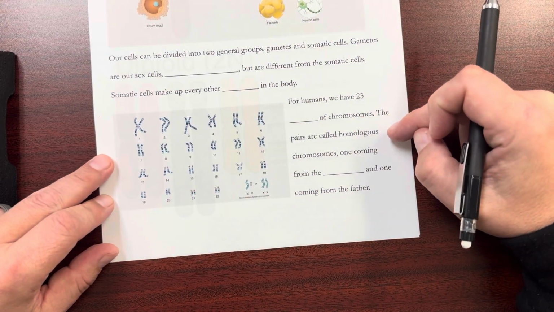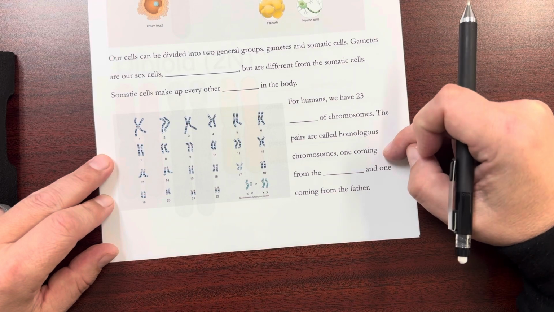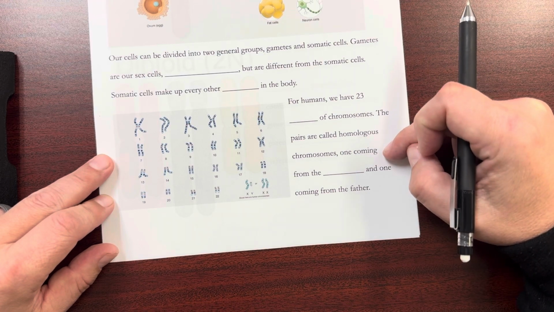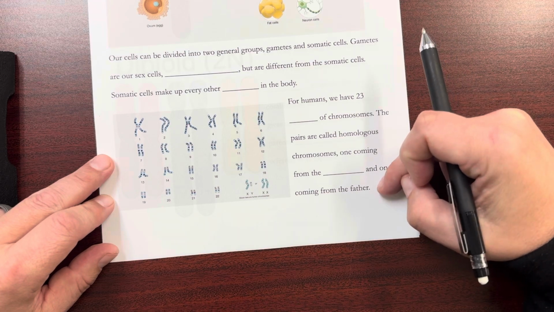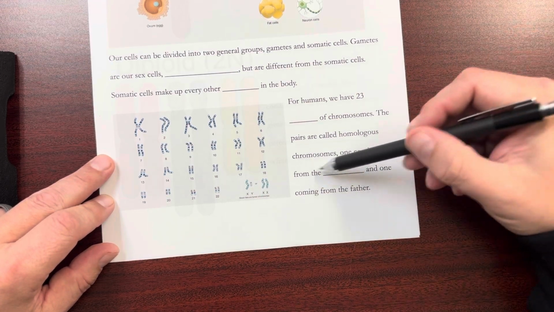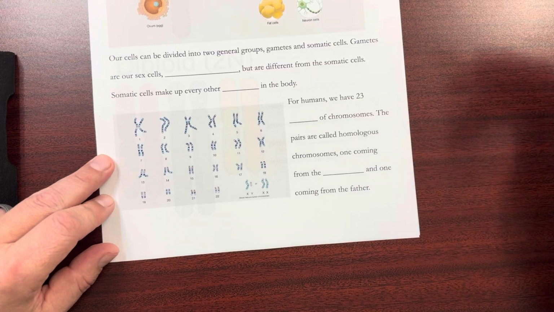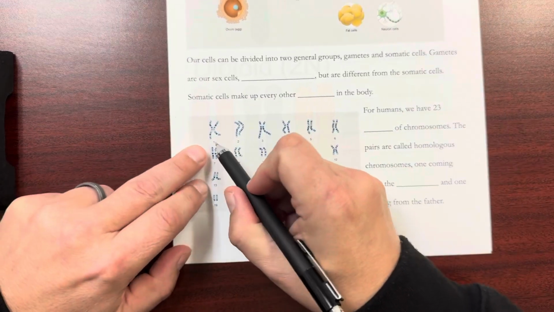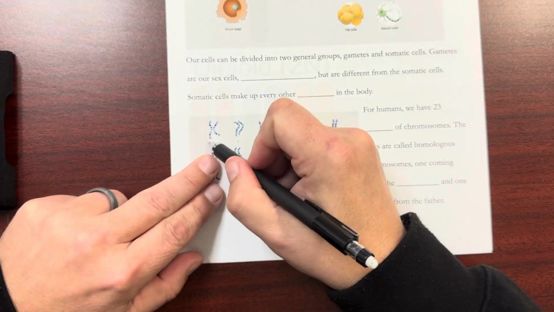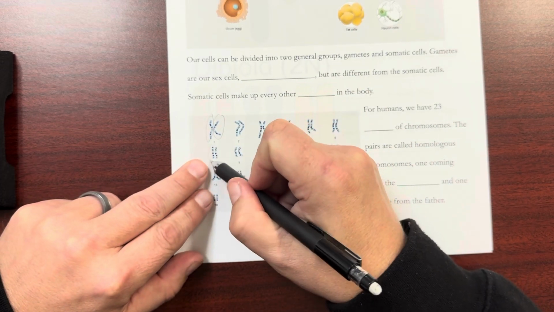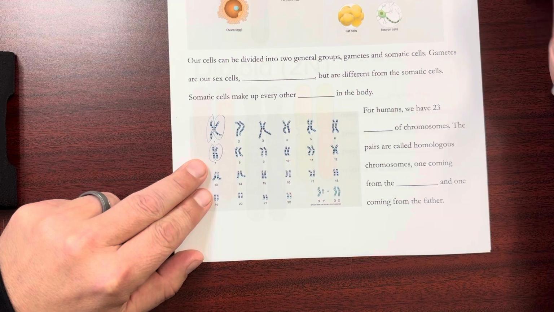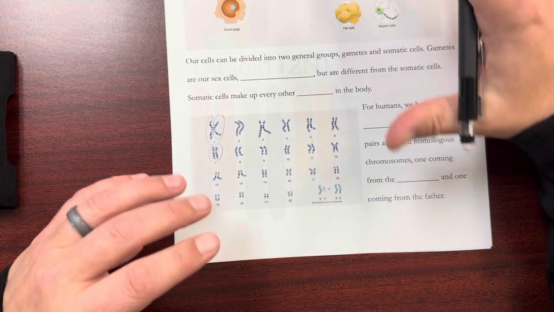The pairs are called homologous chromosomes, one coming from mom and one from the father. And that's what you see here. For chromosome 1, we have one from mom, one from dad. Same with 7. We have one from mom, one from dad. That's what gives us genetic variation.